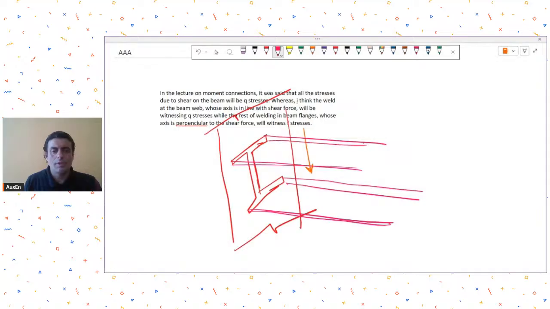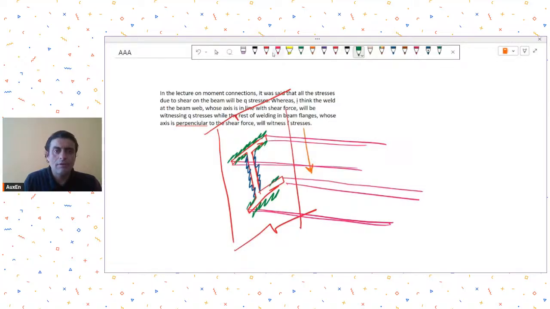So the question being asked is that for this shear, if I have put weld over here on the flanges, then I have put the weld on this web, and then again I have put the weld on the flanges.